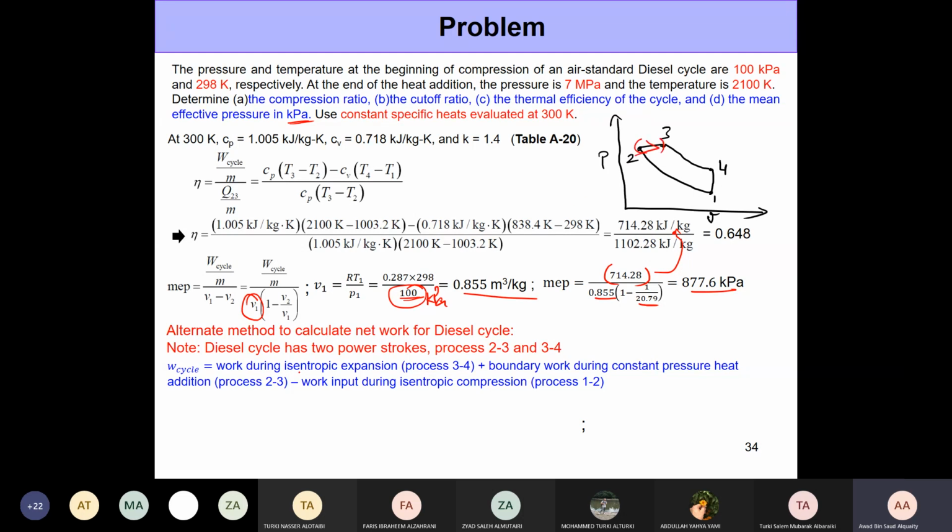So we have work output during the expansion process plus boundary work during the constant pressure heat addition process, minus the work during isentropic compression. So it's CV times T3 minus T4, which is the work out during the expansion process, plus the boundary work, which is P delta V, minus the work input for the compression process.